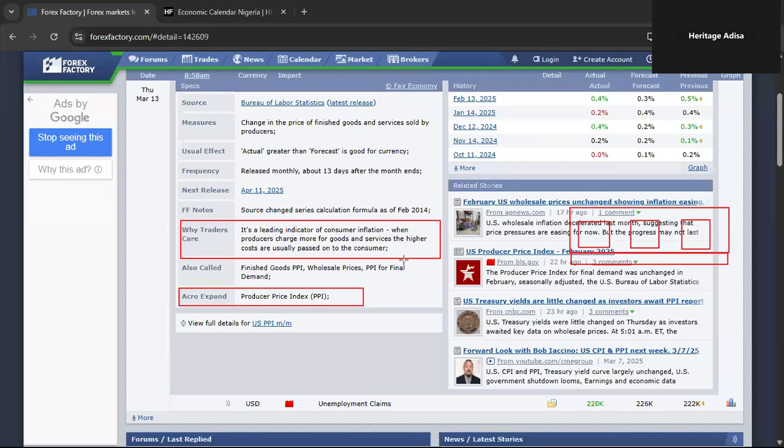Which means under normal circumstances, if producer price index is going up, it is expected that producers will not bear the risk of higher cost of production. You must already know that. If there's going to be an increase in the cost of production, producers will not bear it. They will pass it on to final consumers as higher prices, which means if producer price index is pushing higher, it is natural to expect that general inflation is also going to push higher.